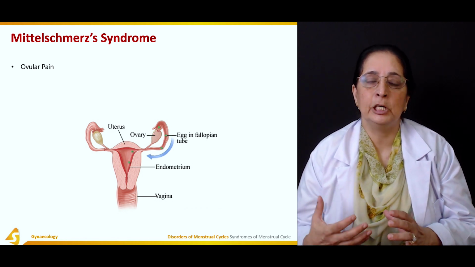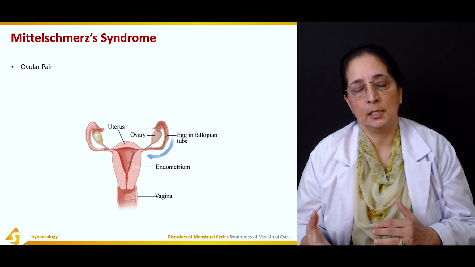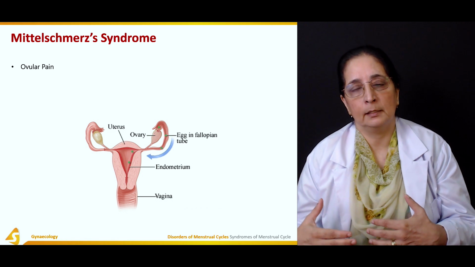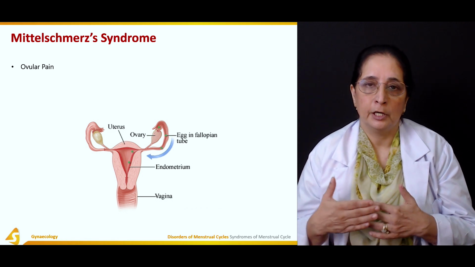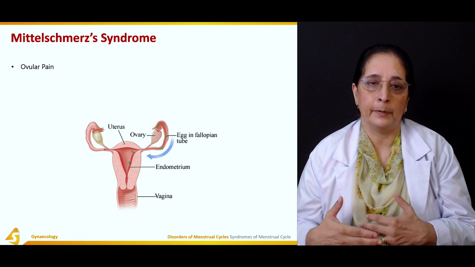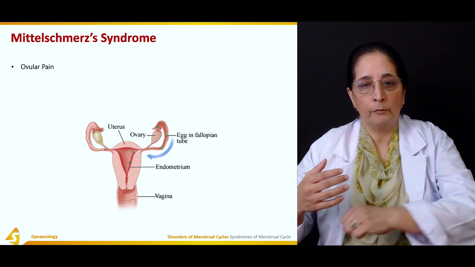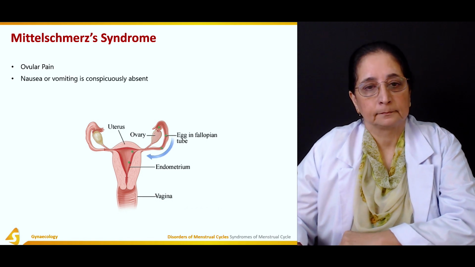This is an indication that this is the ovulation time, so they can try for conception during that specific time period. So Mittelschmerz syndrome is the ovular pain.